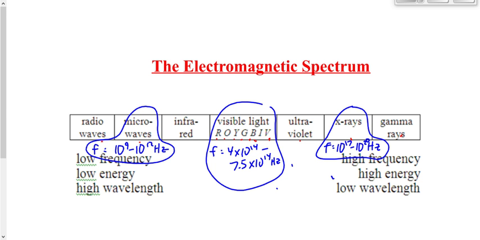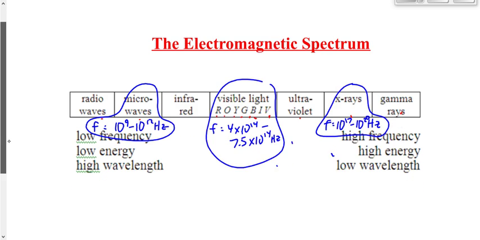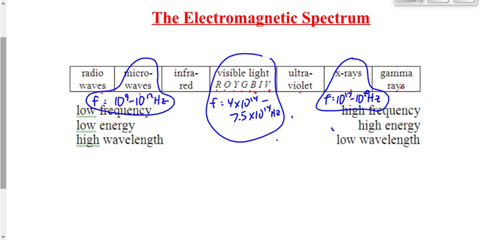Now, what if you're given a wavelength? What if you're given a wavelength of, let's say, 6 times 10 to the negative 7 meters. What type of EMR is that? Well, we haven't memorized any wavelength ranges. Do we have to memorize 3 wavelength ranges? No. What we're going to do is use an equation from Physics 20, v equals f times lambda, and rearrange that to solve for frequency.